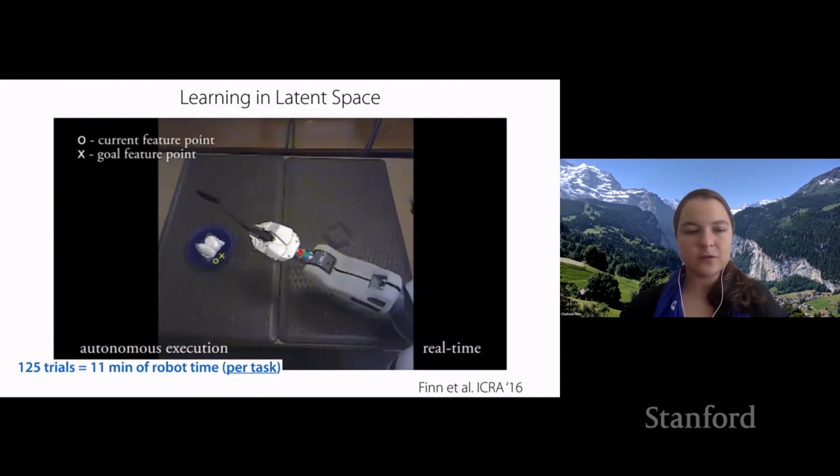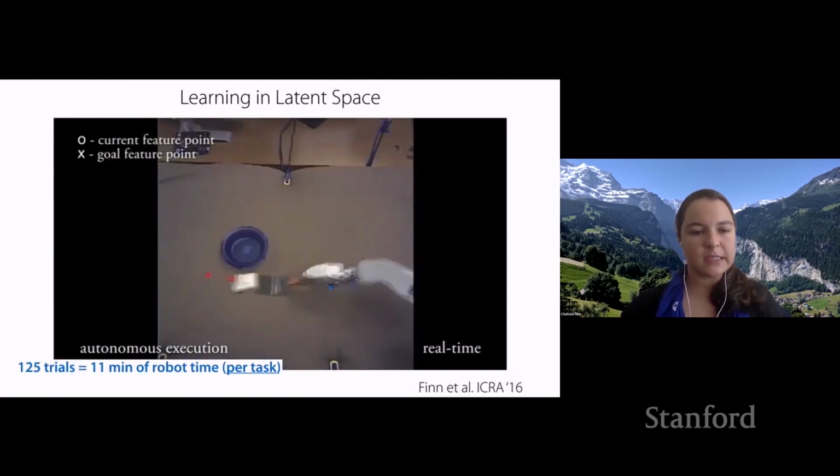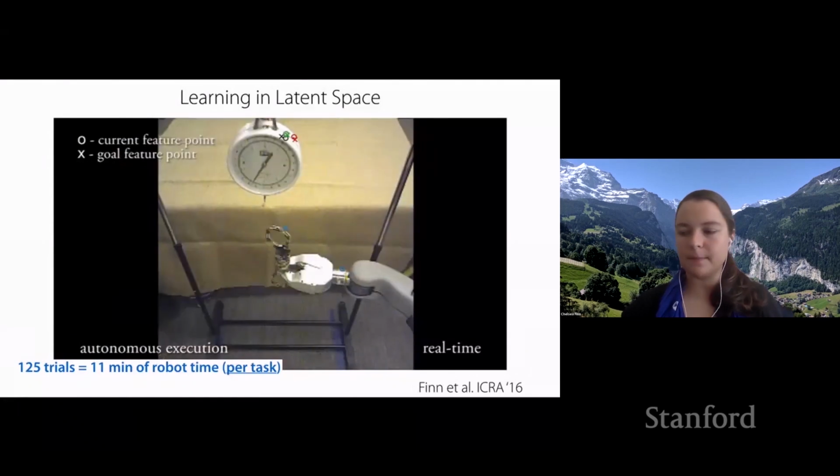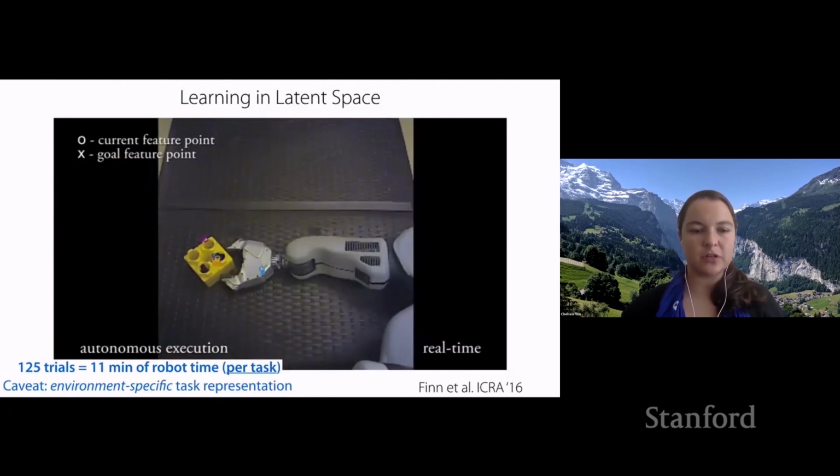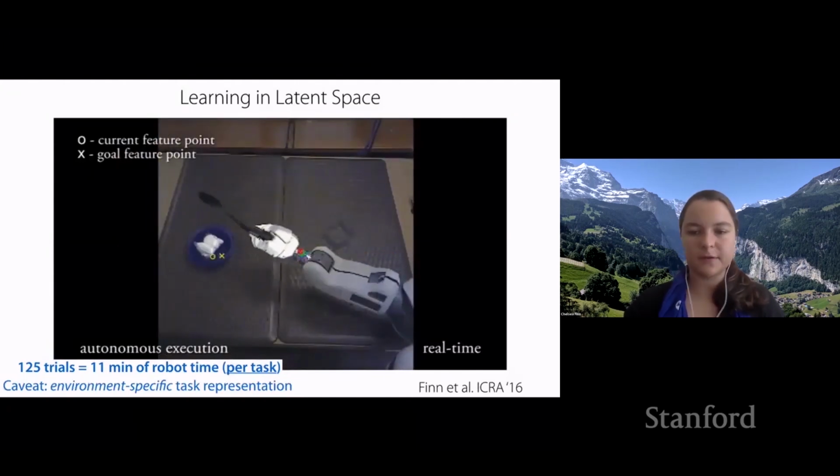These skills were learned individually in this case, and they were learned in about 11 minutes of robot time per task, with the caveat that each of the representations were learned per task and per environment.